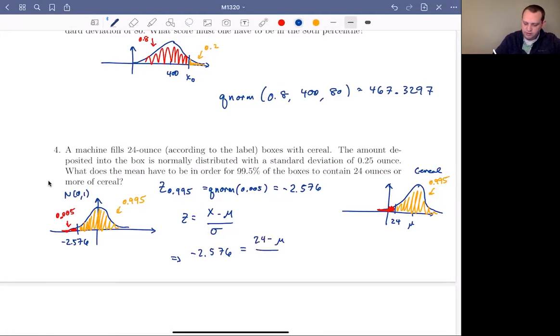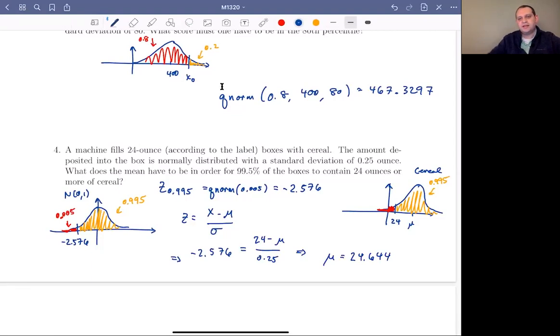We don't know what mu is, and we're told that the standard deviation is 0.25. When you solve for mu, this is now a simple algebra problem: you multiply both sides by 0.25, subtract 24 from both sides, divide by -1, and what you're going to end up with is mu is 24.644.